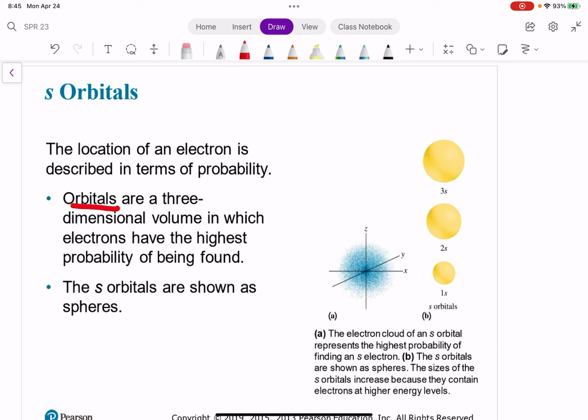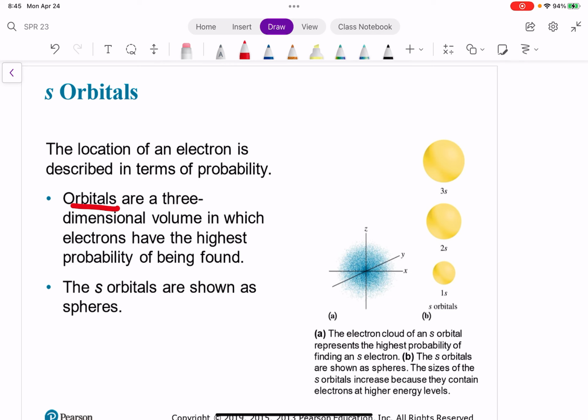You were sick, or you couldn't come to class for some reason. So I know typically where I can probably find you at any given moment, but I am not totally sure. You could be in a different area. I have no way of knowing. I mean, I technically do, but you get the idea. So we created this way of representing the location of an electron in terms of probability, and that's what we call an orbital.